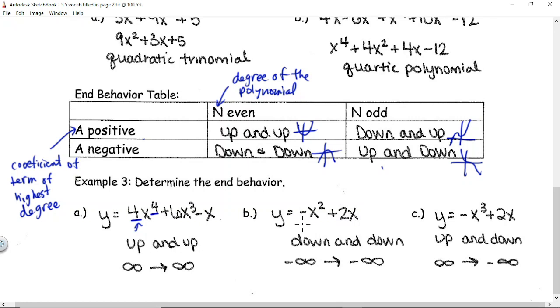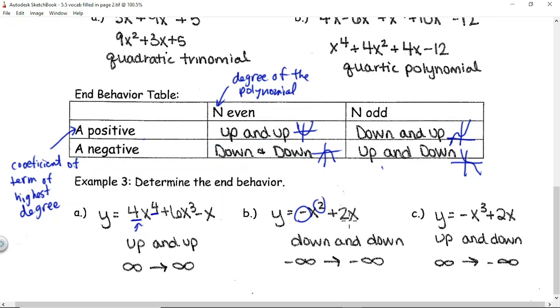This next one, a is negative, and n is even. So a negative and n even, that's this one, down and down on our chart.